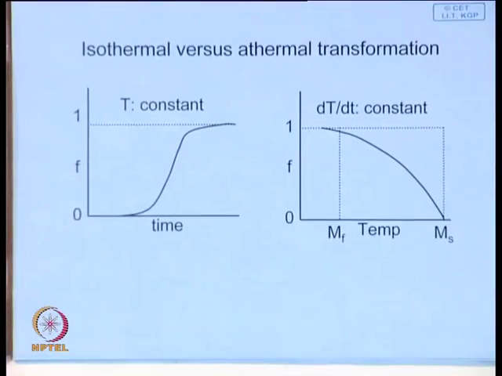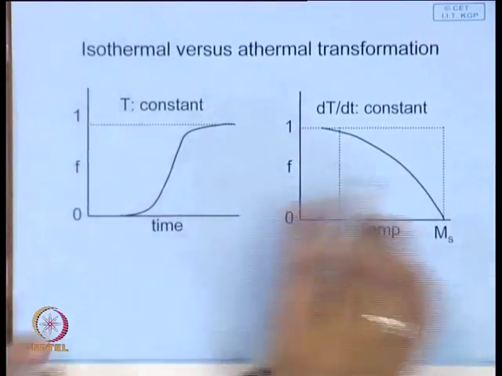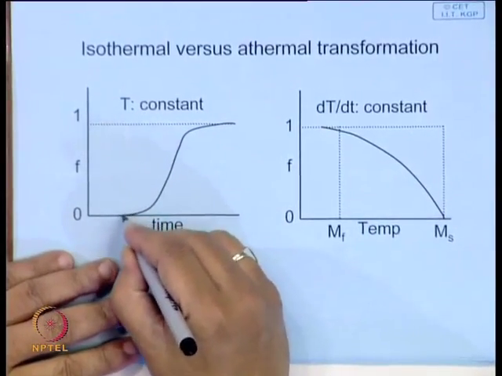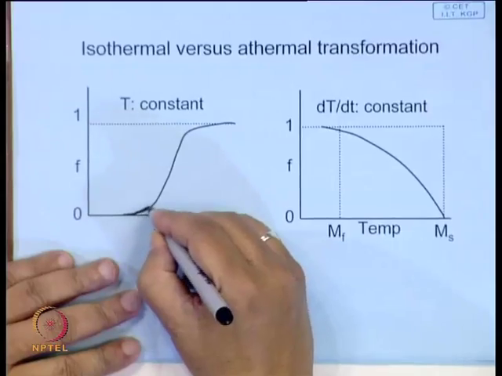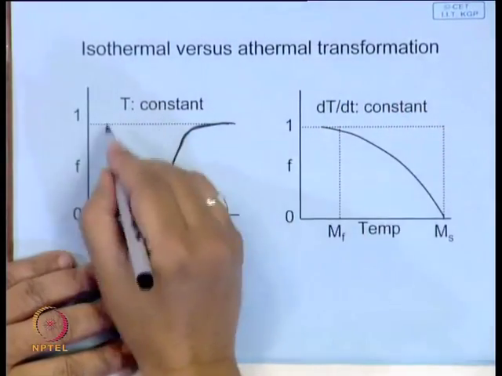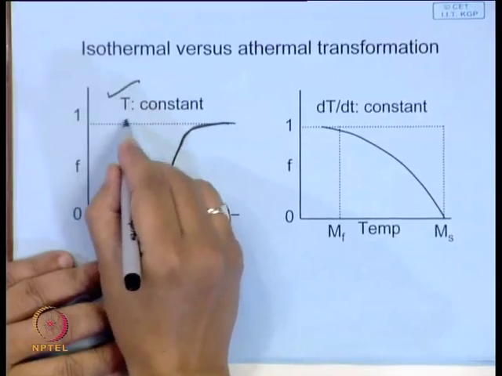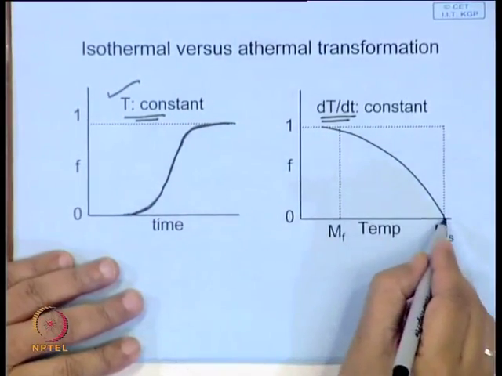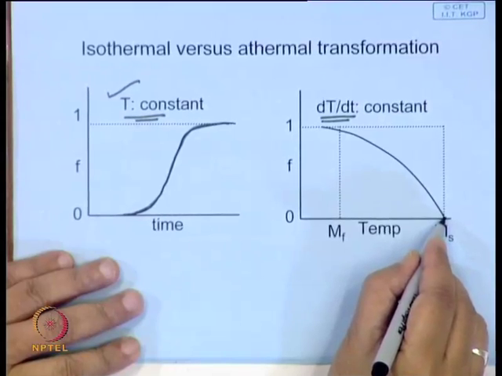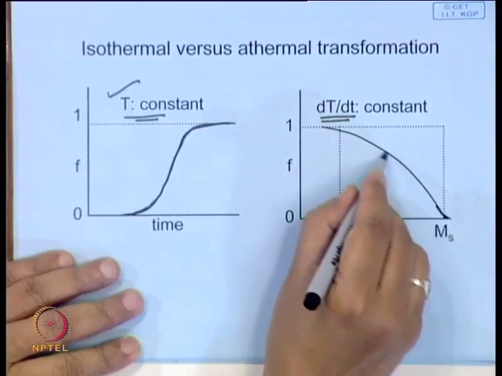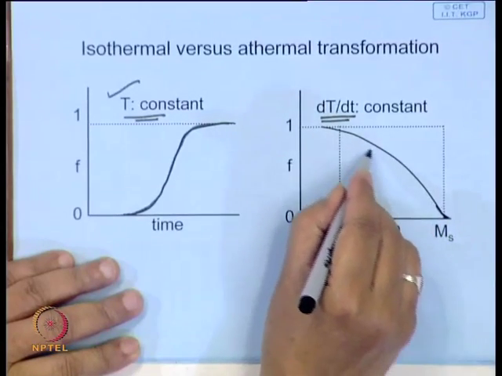And a quick comparison between isothermal and athermal transformation. This feature we are very much familiar with, this is the isothermal S-shaped curve, whereas in athermal, what we are maintaining here, temperature, this is constant. Here possibly we say that cooling rate is constant, and transformation starts only when Ms is crossed, and once this Ms is crossed, the transformation continues like this.